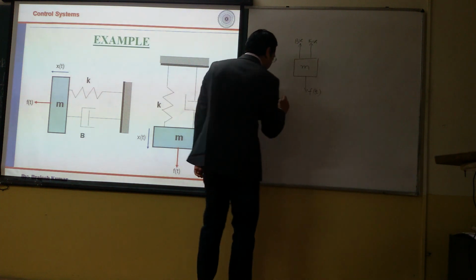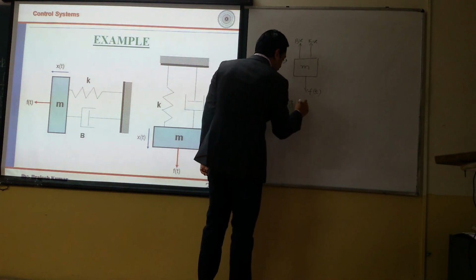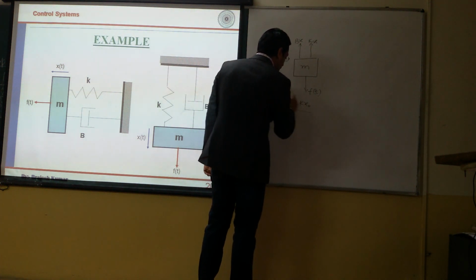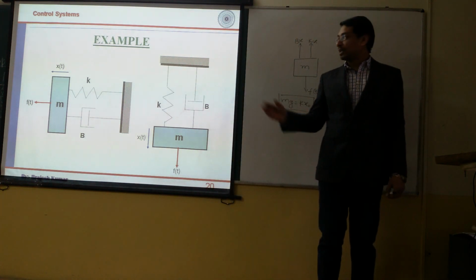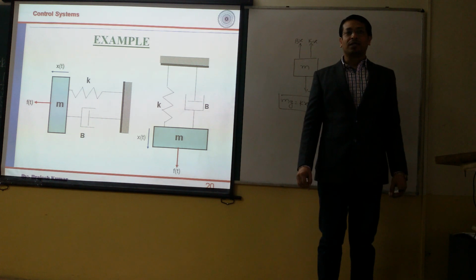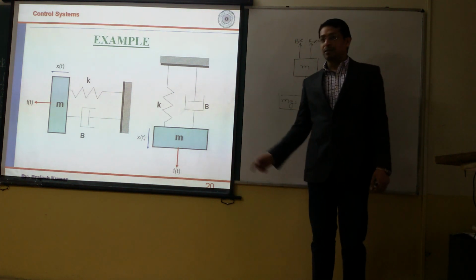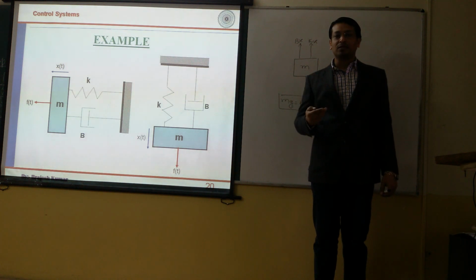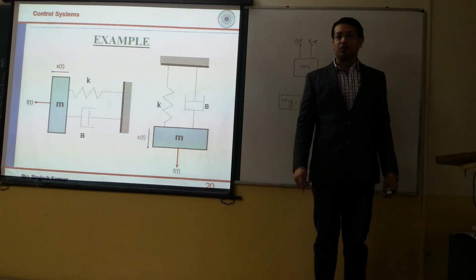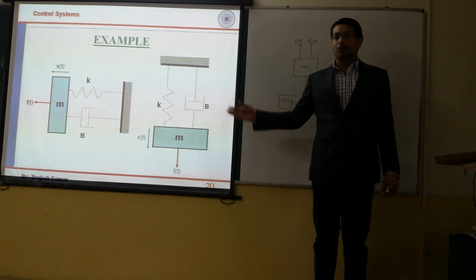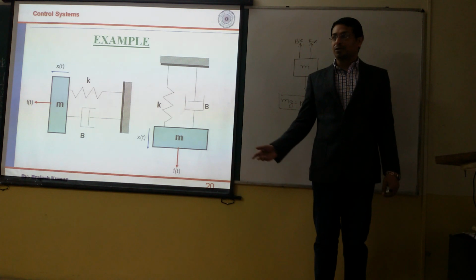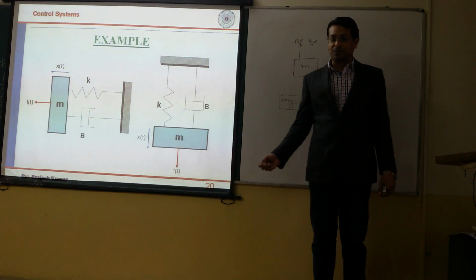Like you can say mg will be equal to kx, no. So your system is already in equilibrium, whether it is arranged in a horizontal manner or in a vertical manner. So whatever displacement occurs is only due to your net force Ft.